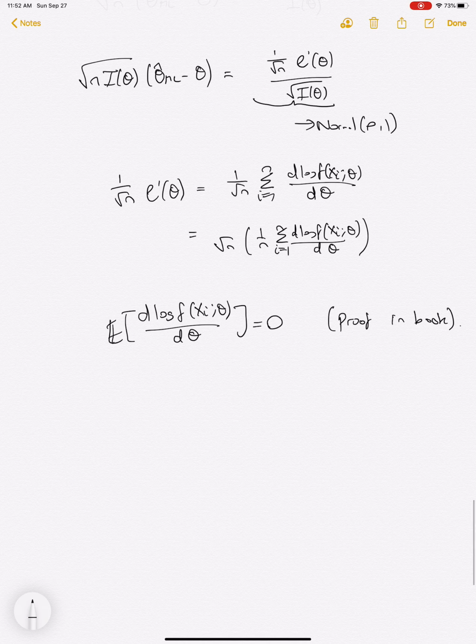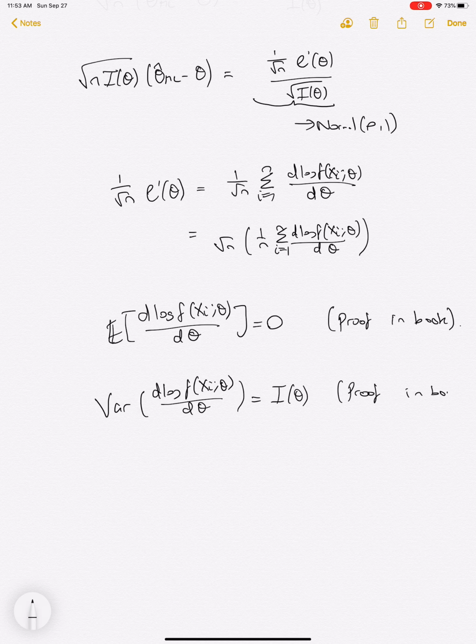But then we also have that the variance of this random variable turns out to be equal to the Fisher information, and again, the proof of this is in the book as well.